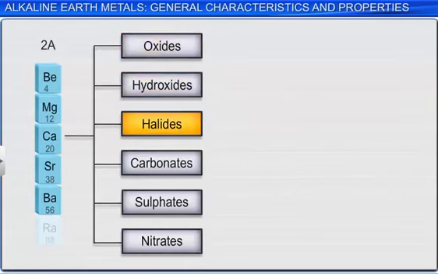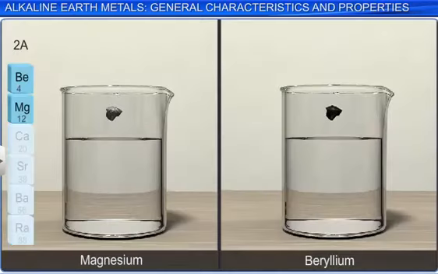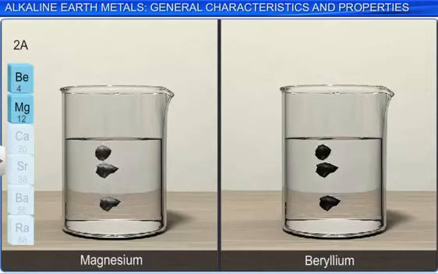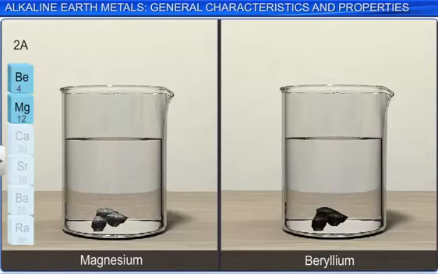Magnesium and beryllium do not react with water because both metals form an oxide layer on their surfaces. Calcium, strontium, and barium all react with water at normal temperature to form hydroxides.